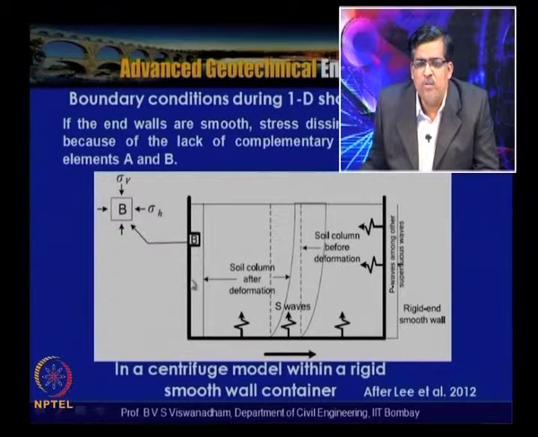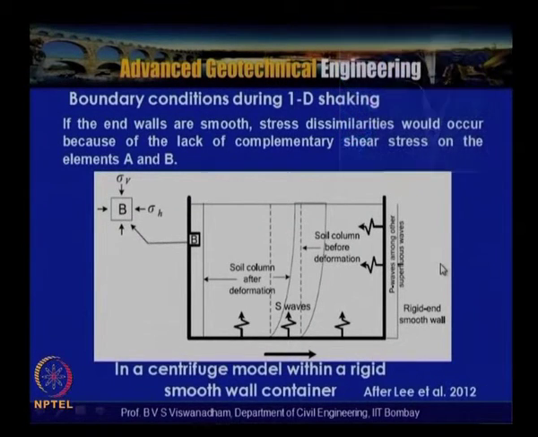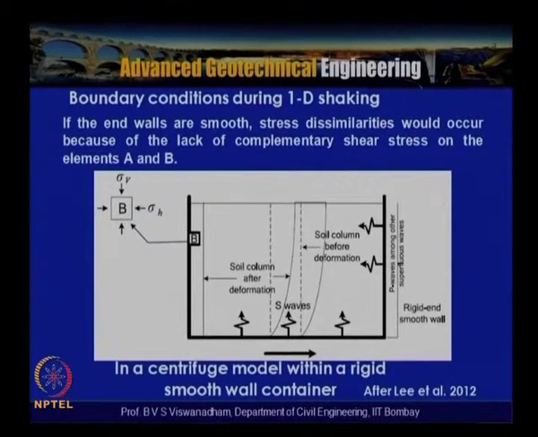So the soil column deformation at the edges is different, along with the absence of the conjugate or complementary shear stresses. If the end walls are smooth, stress dissimilarities occur because of the lack of complementary shear stresses on the elements at A and B.